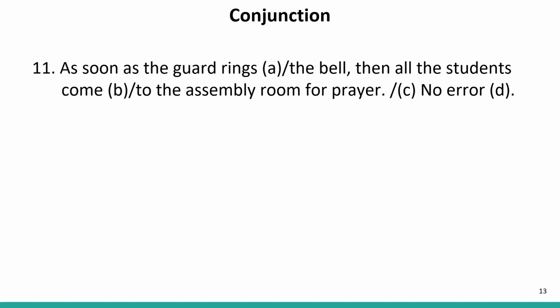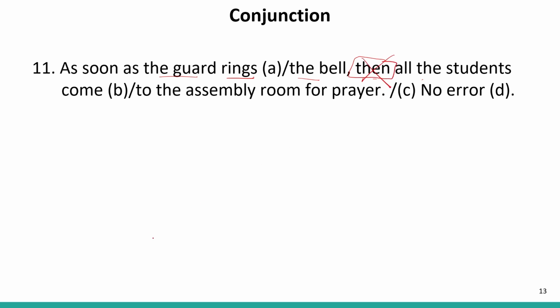Now let us move to the next question. As soon as the guard rings the bell, then all the students come to the assembly room for prayer. I have told you, whenever there is a subordinate conjunction, one thing should be kept in mind: the clause immediately after it should not contain any modal. In this sentence, up to as soon as the guard rings the bell, it is absolutely correct because no modal is used and the structure is accurate. Now, the word then is not required here.